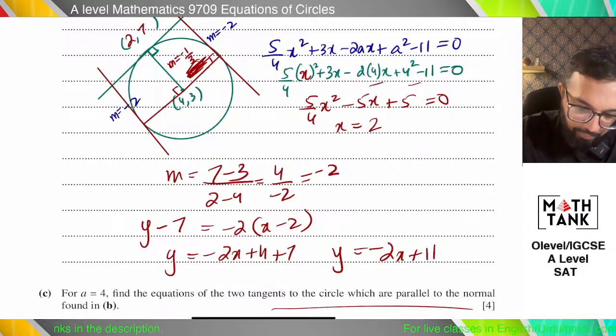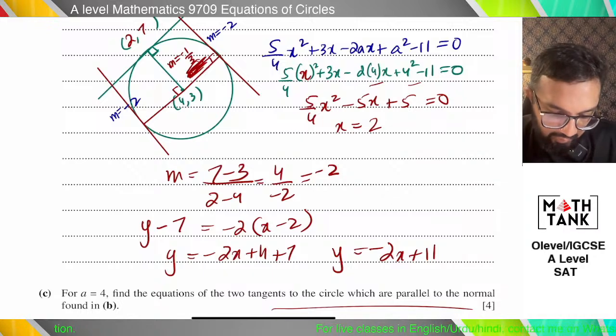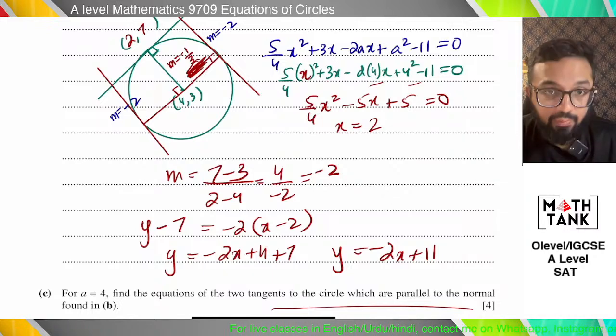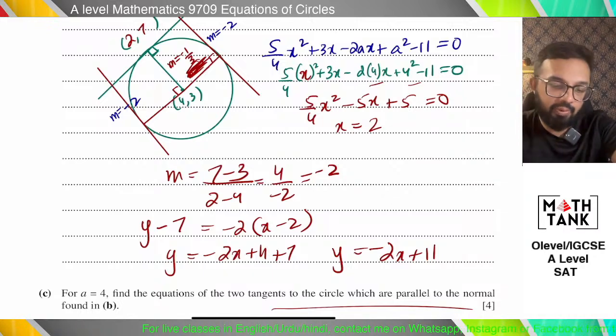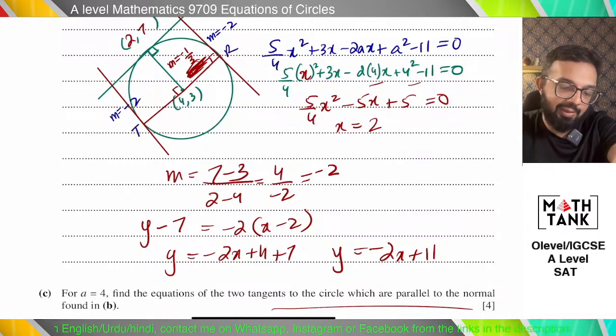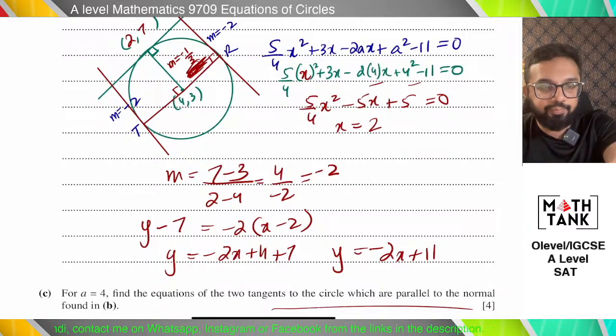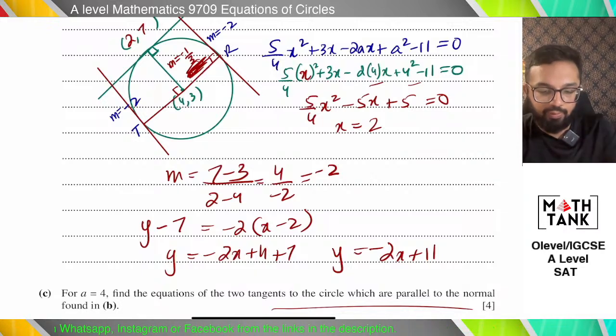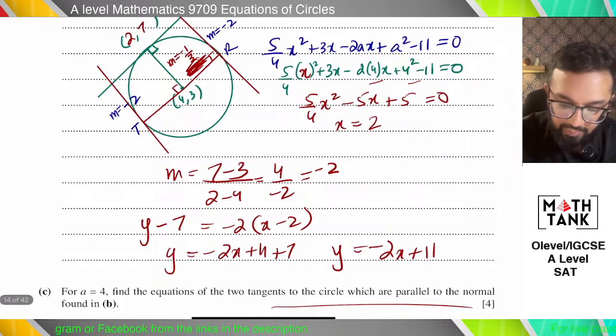I will still need a point to construct the equation. So I will have to figure out somehow this point. Let's call that R and let's call that T. What I'm going to do first is figure out the coordinates of R and T.